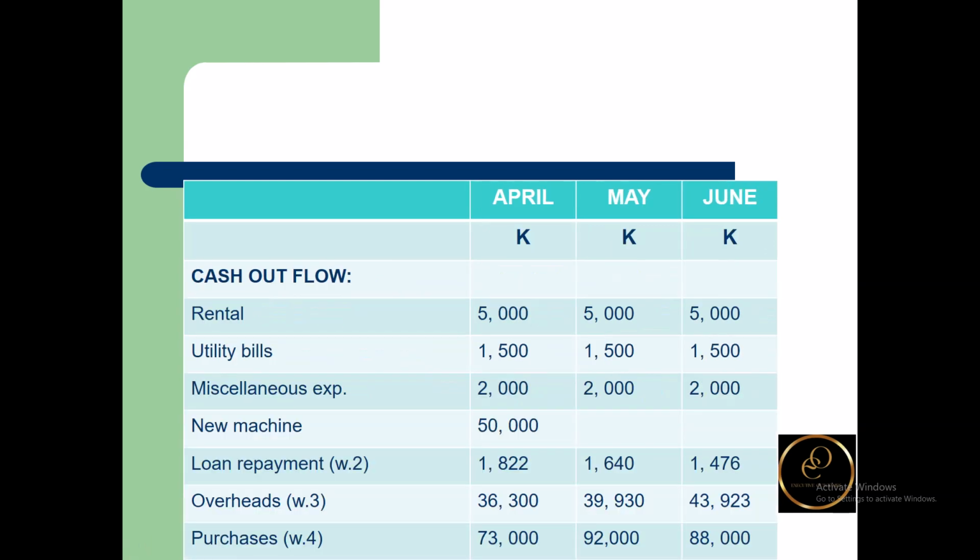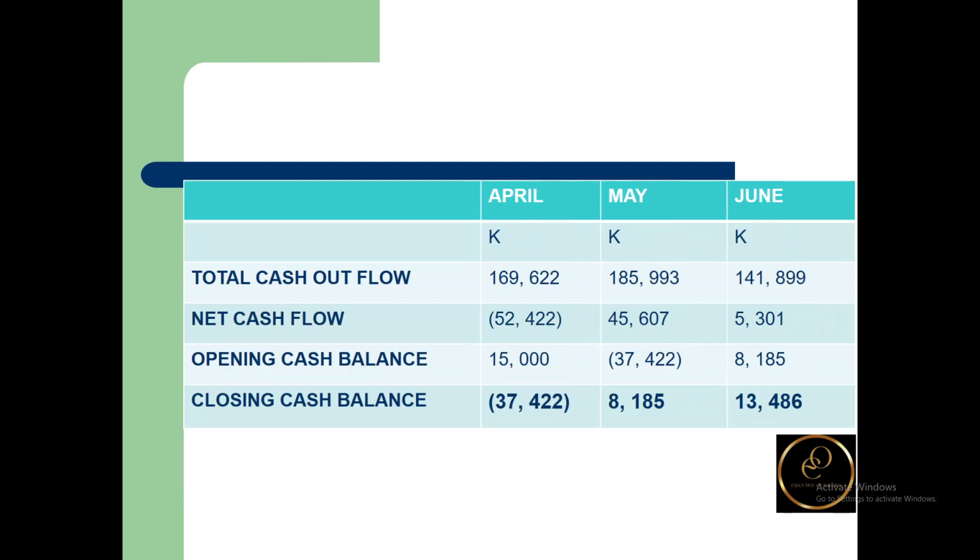So when you look at that, we have taken care of all our cash inflow and all our cash outflow. So it's time to look at the total cash outflow. The total cash outflow, we add all the figures in each month.